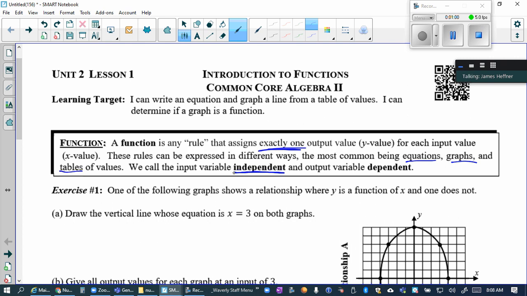It doesn't depend on anything. And another name for the output, the y, would be the dependent variable, which makes sense because the value of y depends on what? When you have an equation like y equals 5x plus 3, what does that value of y depend on? It depends on the x, whatever x you put in there.